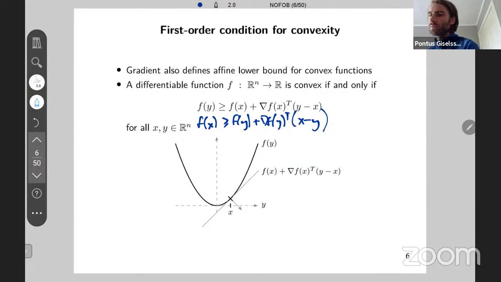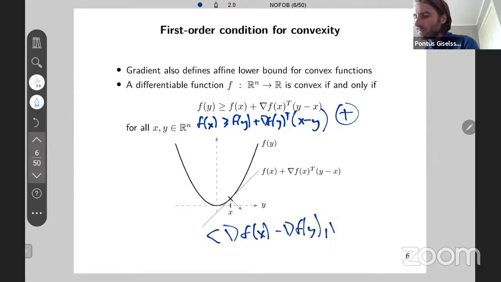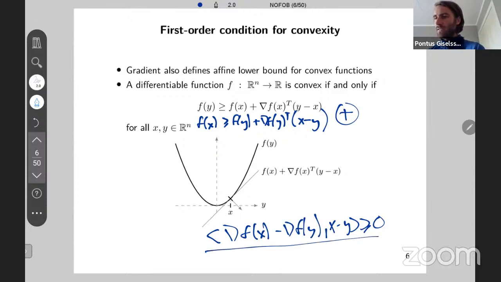Both these conditions hold for all x and y. And by adding these two together, just taking the sum of these two, we get exactly what we had on the previous slide. So we can see very easily, once we know the first order condition for convexity, we can arrive at this monotonicity inequality to show that gradients of convex functions are monotone operators.